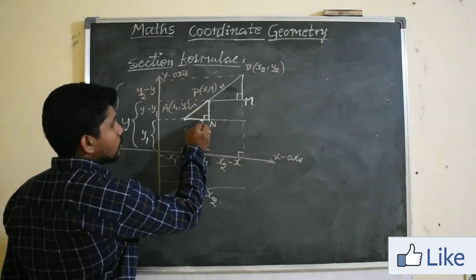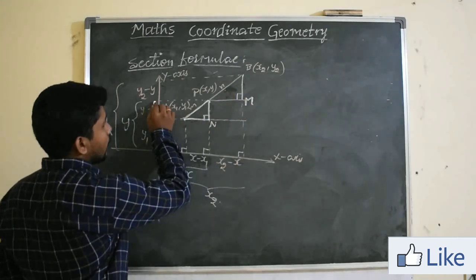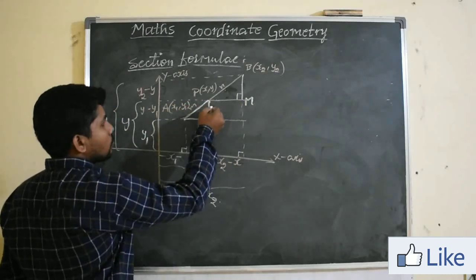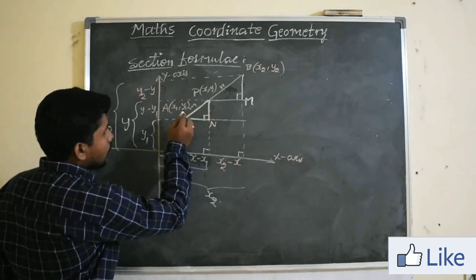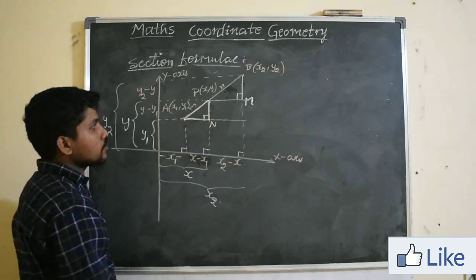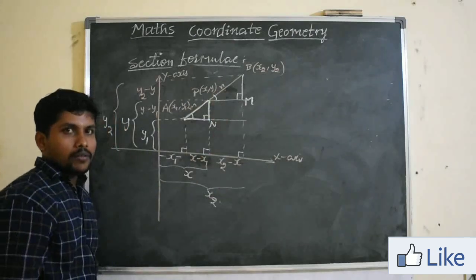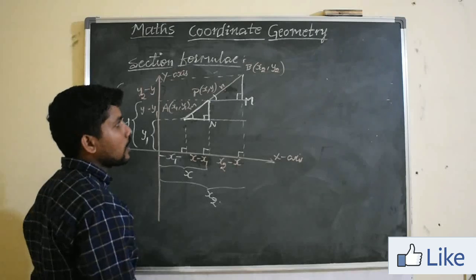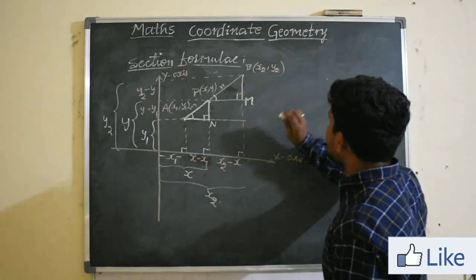Here angle N is equal to 90 as well as angle M is equal to 90, and as we have taken parallel lines to the x-axis, we can say these two lines are parallel, and PA will become the transversal, where this angle A as well as angle B will be equal because these two are corresponding angles. Now take these two triangles separately.